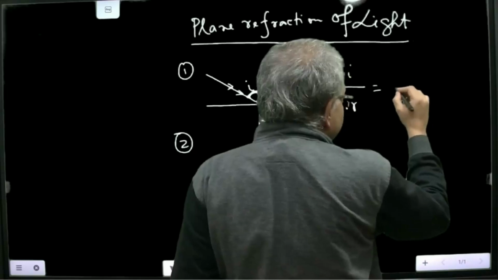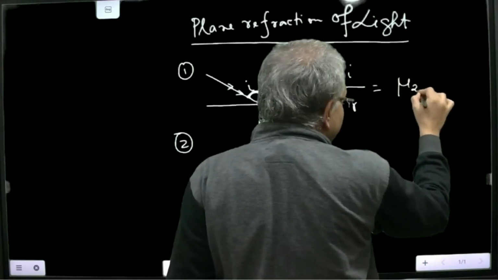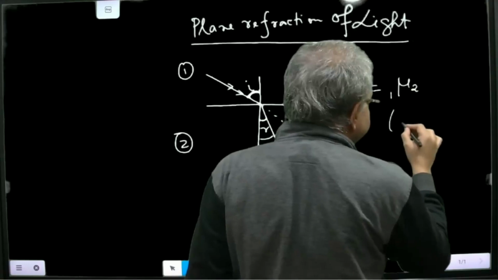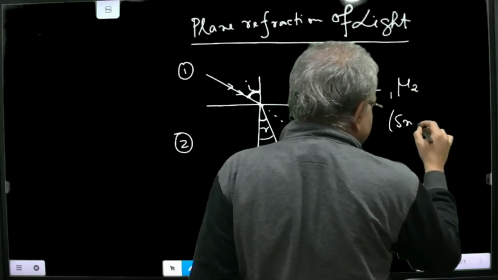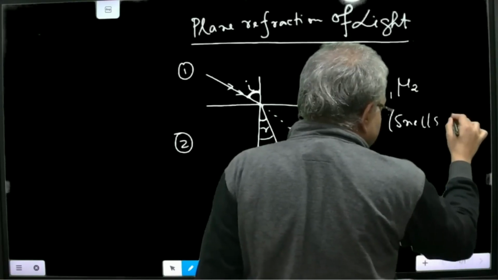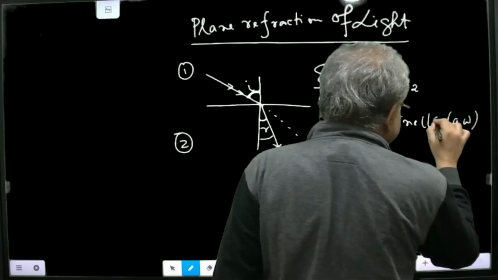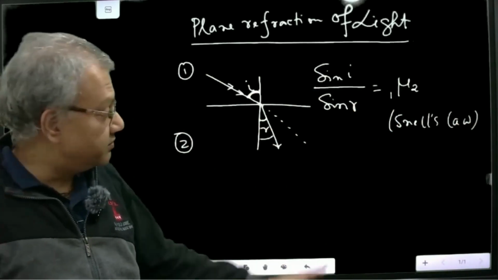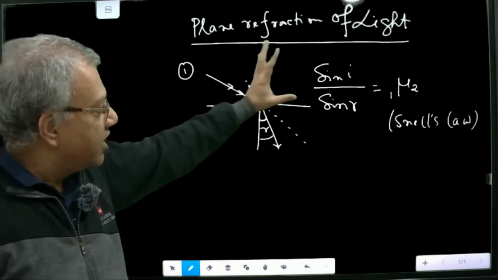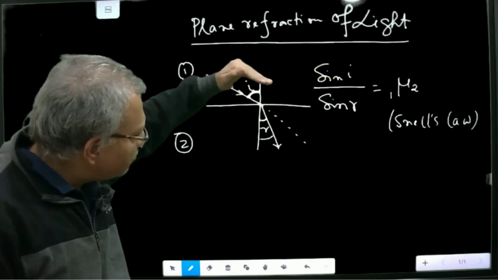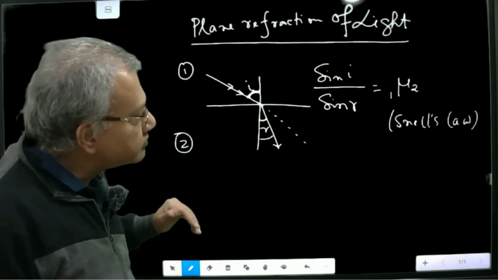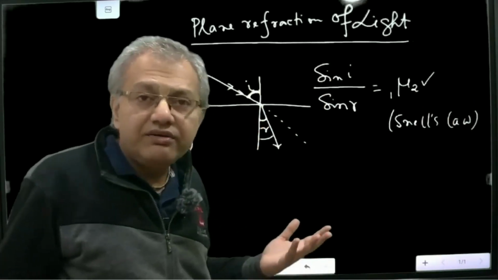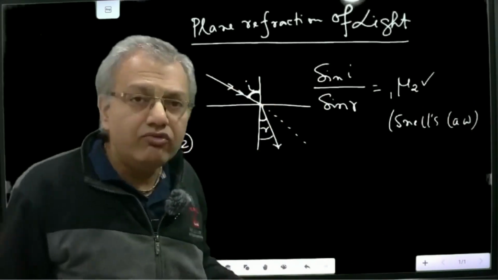It is called the refractive index of medium 2 with respect to medium 1. It is a constant. So now what we can observe from here, if we want to define this thing, what is this thing? Refractive index of medium 2 with respect to medium 1.